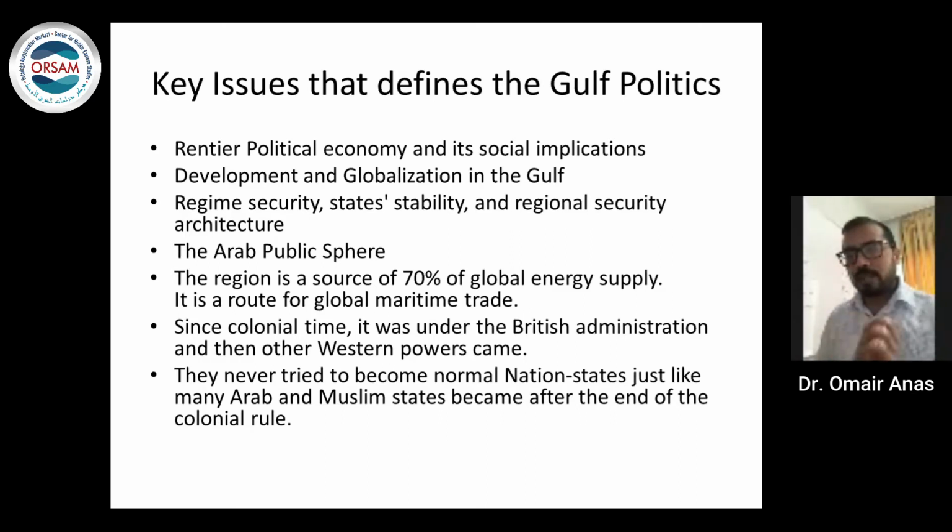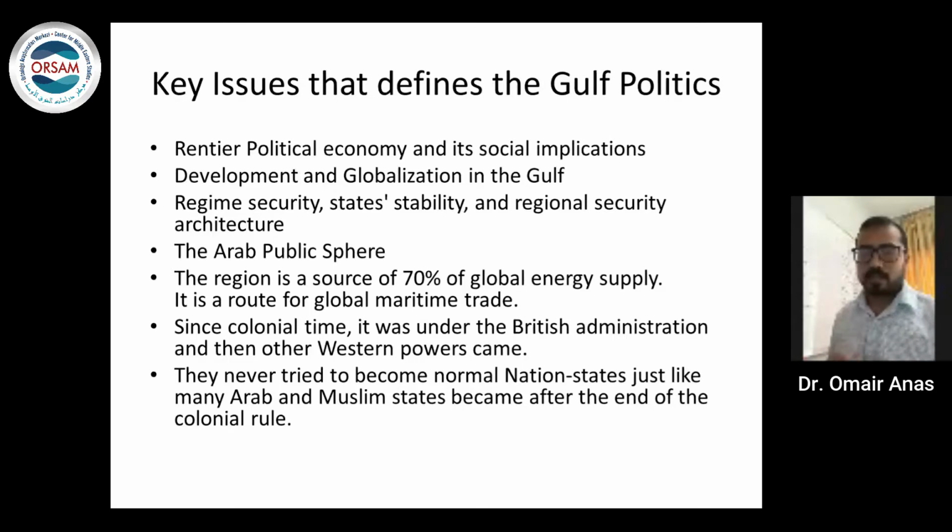The theory of rentierism says that any country which is dependent on a single source of income is called a rentier economy. Like Saudi Arabia or Kuwait, for example: in Kuwait, 87% of national income comes from oil.